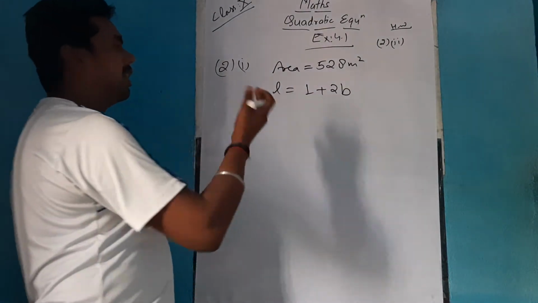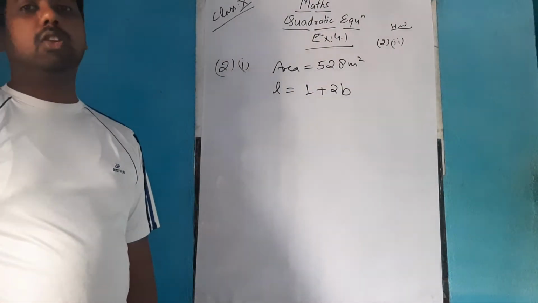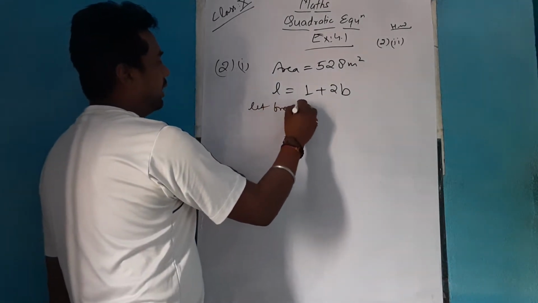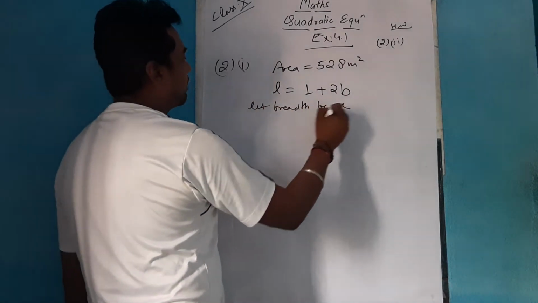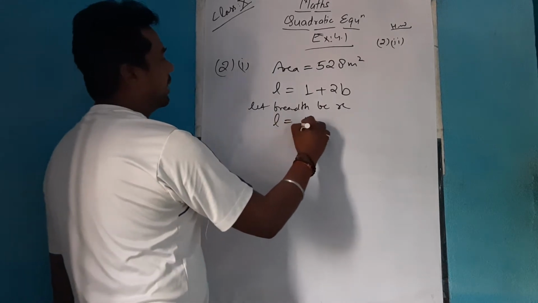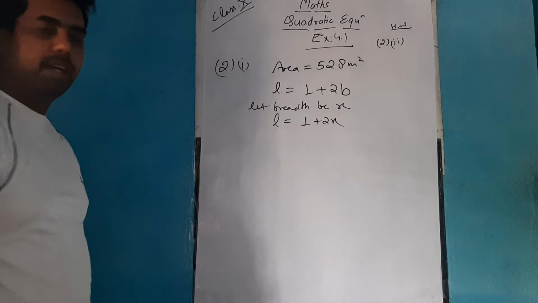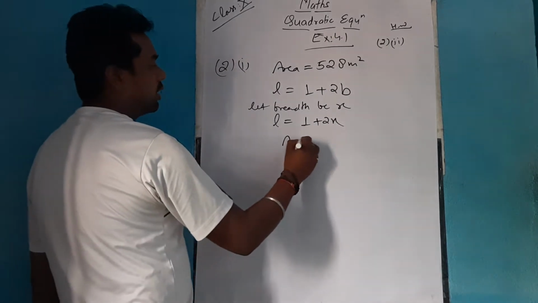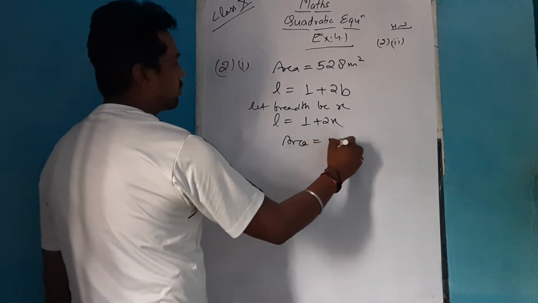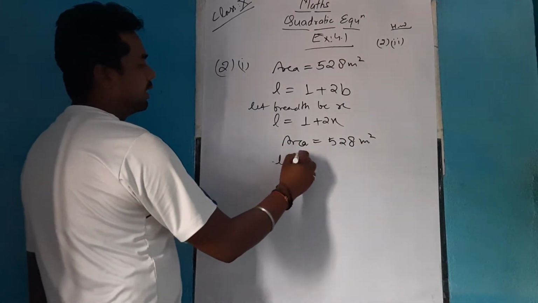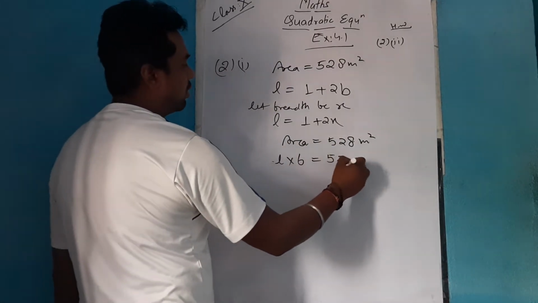Now we can assume any of the values x, either of the length or of the breadth. So here I am taking, let breadth be x. If you take breadth as x, length will automatically become 1 plus 2x, because breadth has been replaced by x. Now as you know, area is given as 528, and the area formula is length into breadth, as it is a rectangular field.